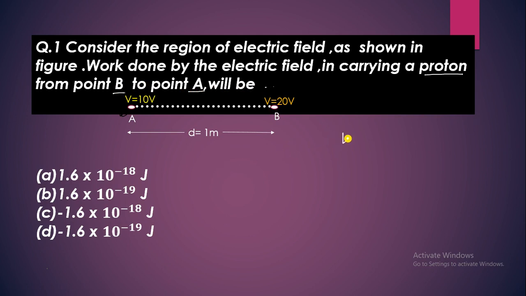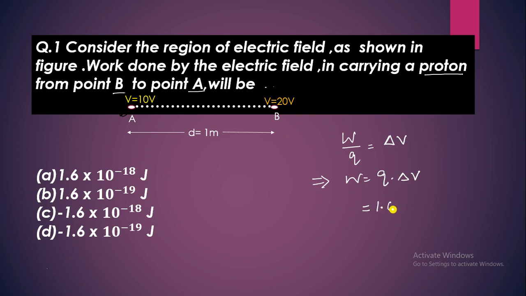We know work done by charge is equal to q delta V. This implies work done is equal to charge into delta V. What is the value of charge on a proton?